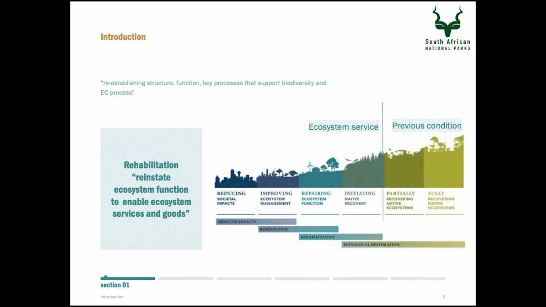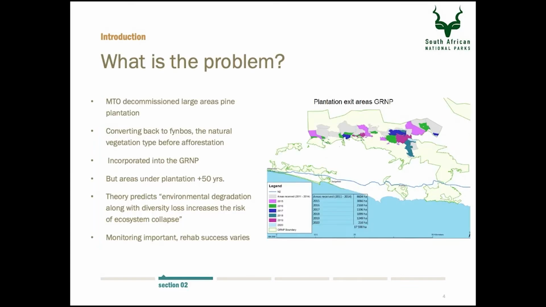You can't actually return the system to a previous condition, but you can improve it to maintain ecosystem services and goods. Which brings us to my project that I was monitoring.